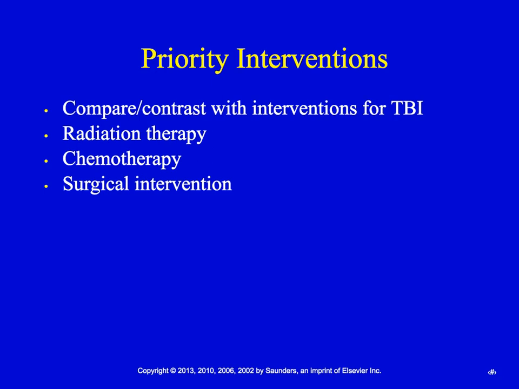So just have the basic understanding of a brain tumor, and as a nurse, your job in this is really comfort, keeping the patient comfortable, administering the medications, and knowing the side effects of the medications.